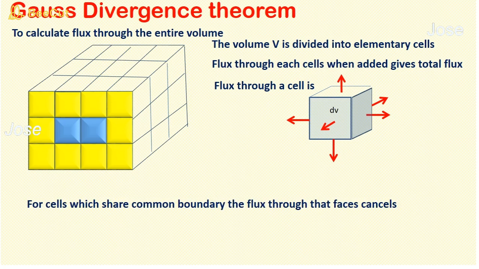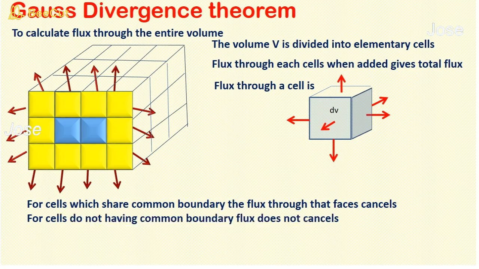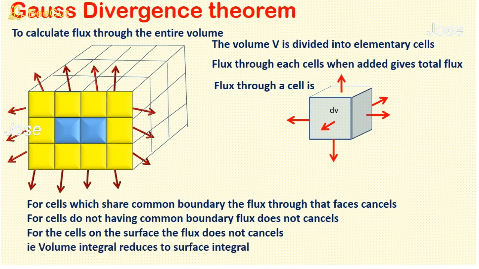For cells which share a common boundary, the flux through that face cancels. For cells which do not share a common boundary, the flux remains. Therefore, for cells on the surface, the flux does not cancel. That is, the volume integral reduces to a surface integral. That is, the volume integral of del dot F dV is equal to the closed surface integral of F dot ds.